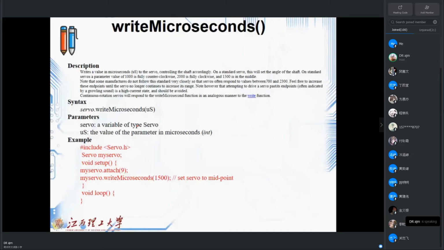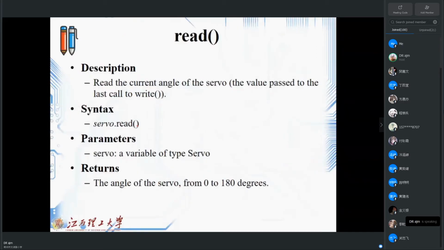The next function is read, which reads the current angle of the servo motor, the value passed to the last write call, and it's used to get some feedback. The angle of the servo motor, from 0 to 180, is returned from this function.